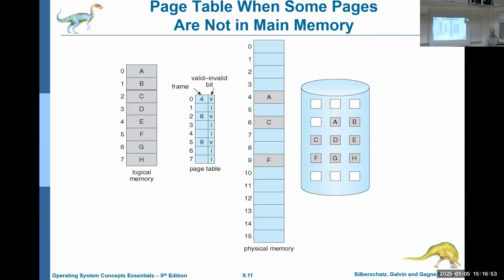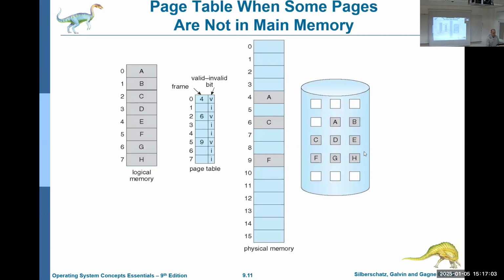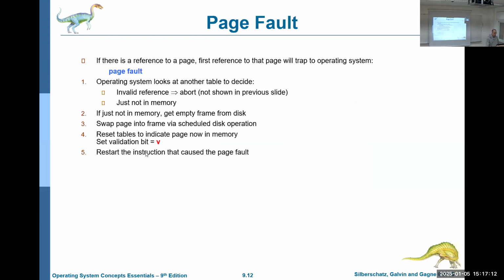It may be that there is no free location for it. Reset the table to indicate the page is now in memory, set the valid bit to V. So if we put B into some location, we'll have to put a V over here for the valid bit. And then go back and restart the instruction.